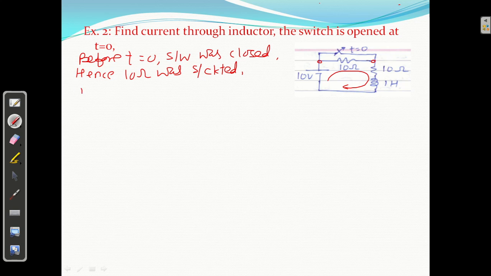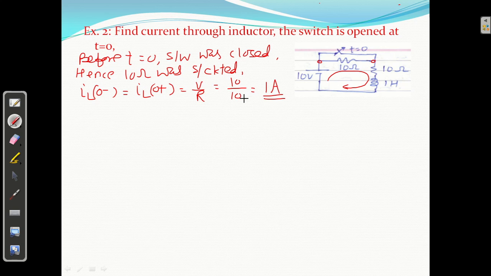What was the current stored by the inductor, IL(0-)? I am assuming this switch was closed for a long time, and just before and just after, the current would be the same, because an inductor opposes the change of current. How much will it be? V by R. V is 10. R, if this is short, then R is this 10 ohm, so equal to 1 ampere.